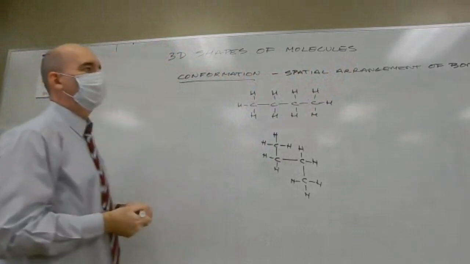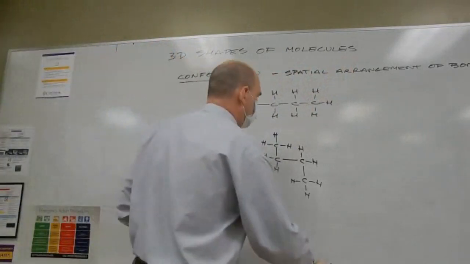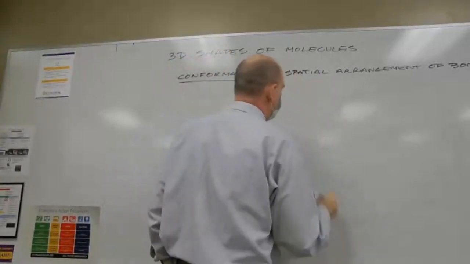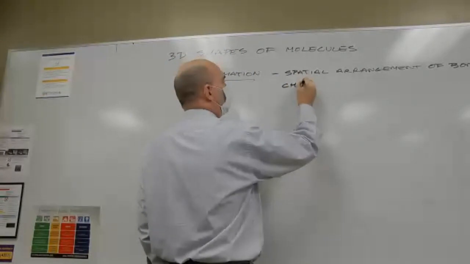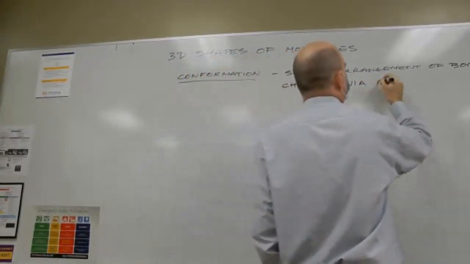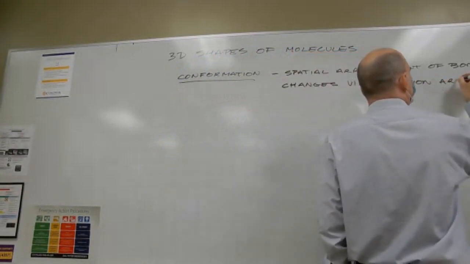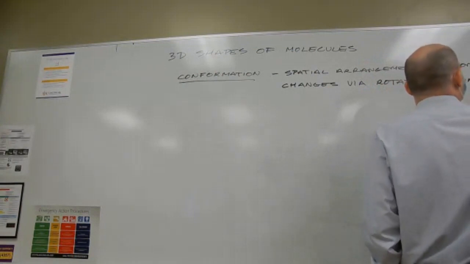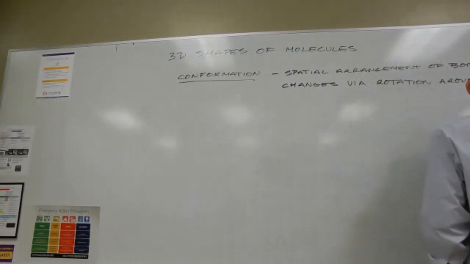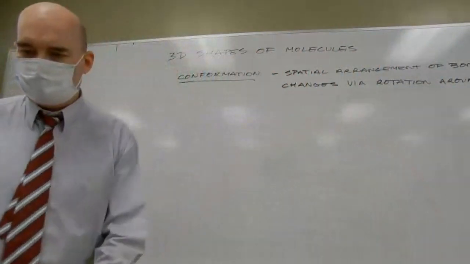Conformation is the spatial arrangement of bonds in 3D. Can you see the end of the screen? Can you see the far right?